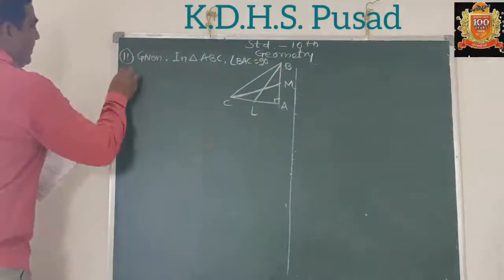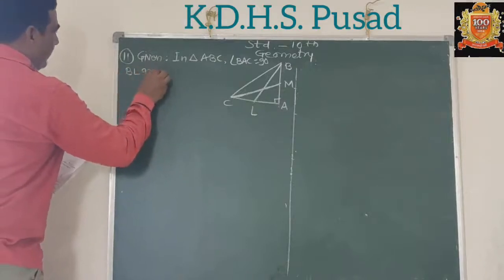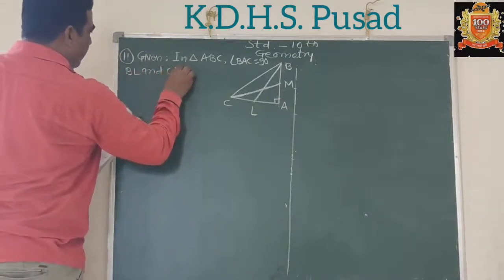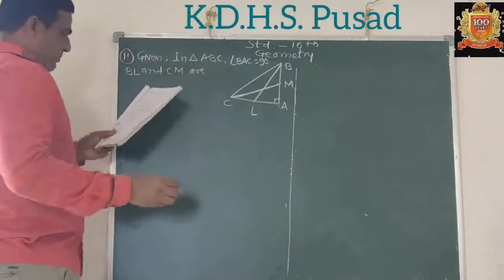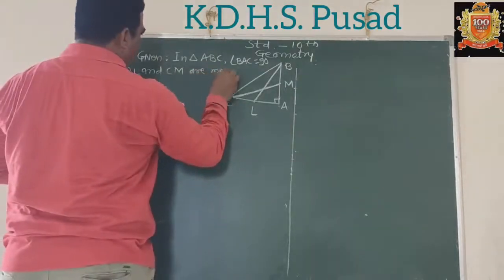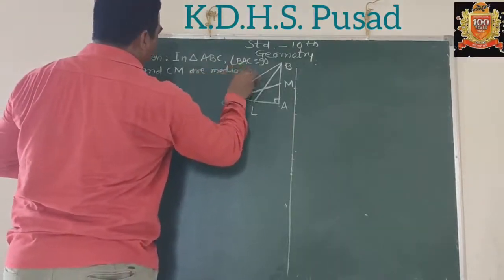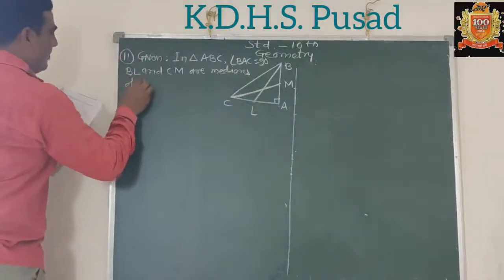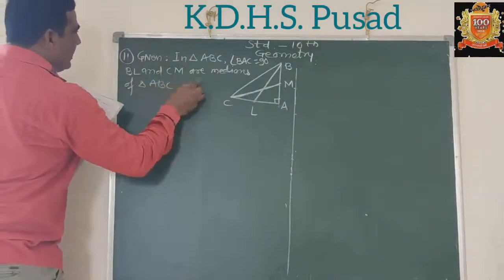Then BL and CM are medians of triangle ABC. These are the medians.